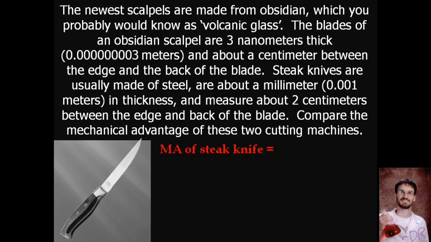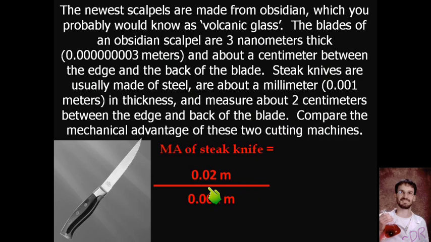Well, the steak knife, remember, the mechanical advantage is the length divided by the width at its widest point. So if it's a millimeter in width, 0.001 meters, don't forget you have to make sure that all these units are always the same so they cancel themselves out.